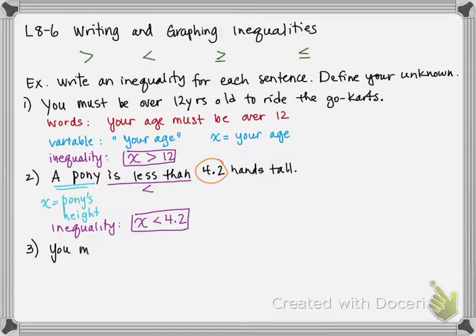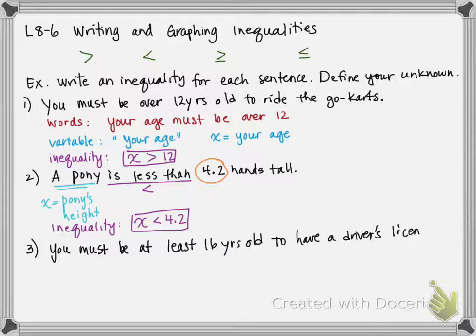You must be at least, or you could be more, 16 years old to have a driver's license. Okay, so let's think about this. There's a lot going on here.